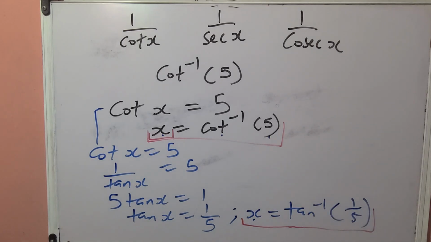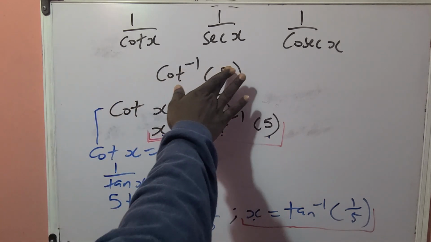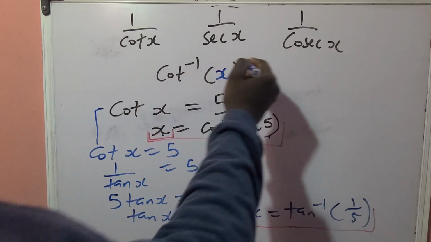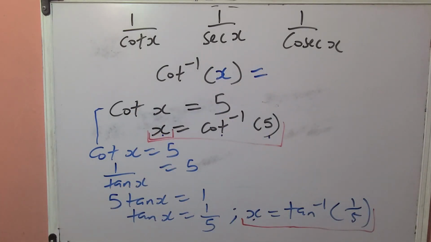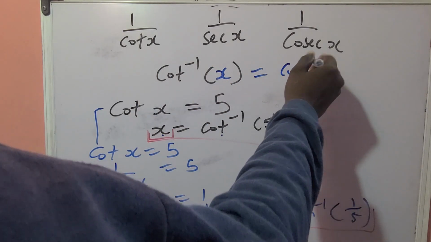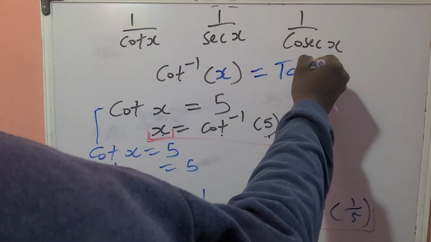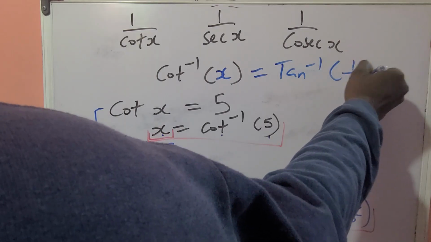This brings us to a general rule. The general rule is that whenever you have the arc cot of a particular number, say x, arc cot x will also be equal to arctan 1 over x.